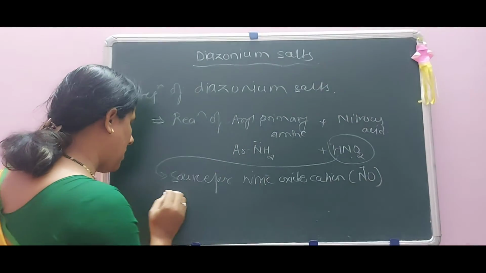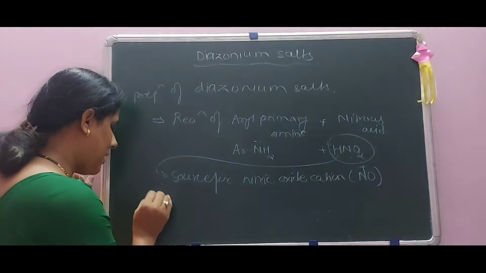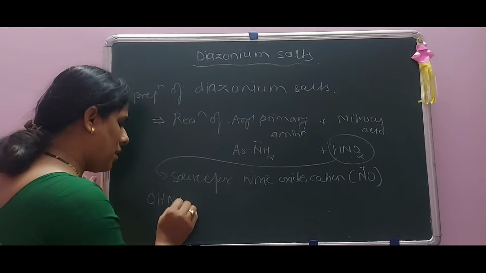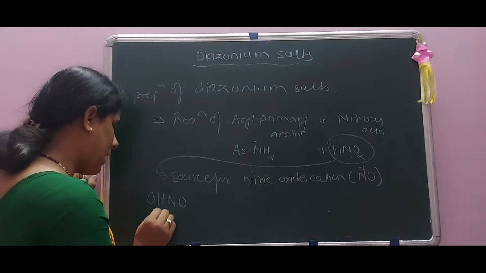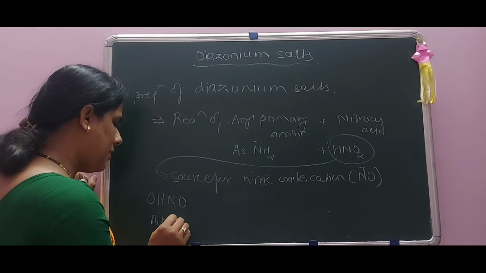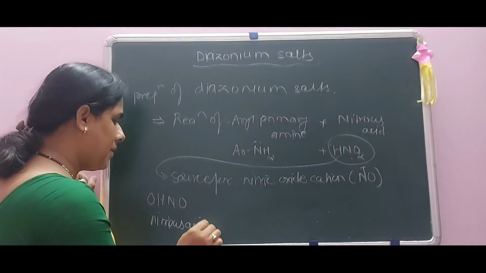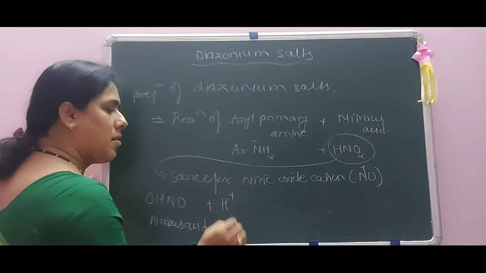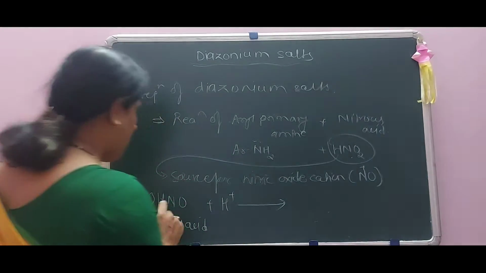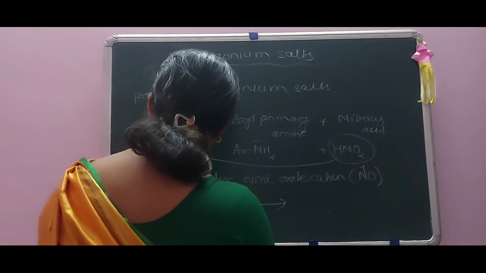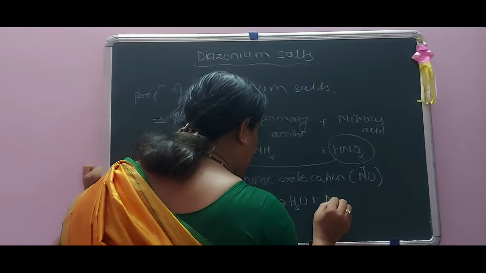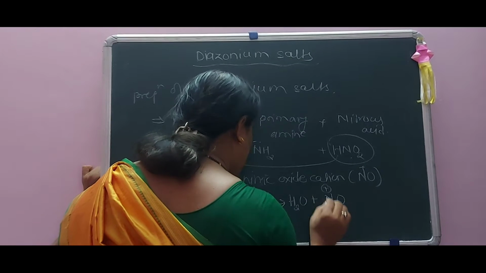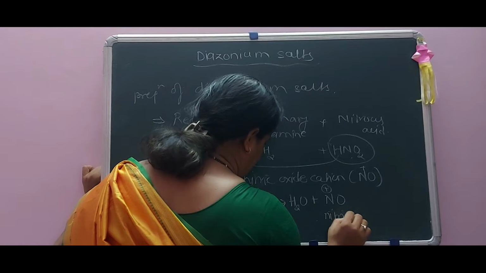From this HNO2, it can be represented as HOHNO, that is nitrous acid, which on protonation gives rise to the formation of water with NO plus, that is the nitric oxide cation.